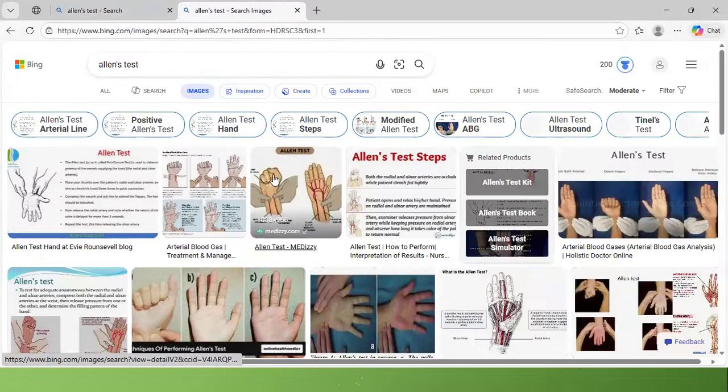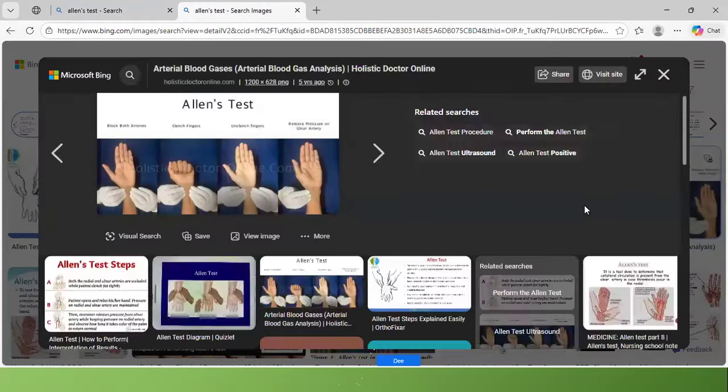Okay, so you occlude. You can see how. You have the ulnar artery here, you have the radial artery here, right? And so you occlude the two simultaneously, just like you are seeing here. You ask the client to open the hand and then close it, maybe several times.